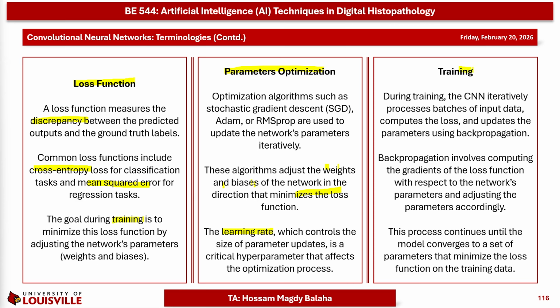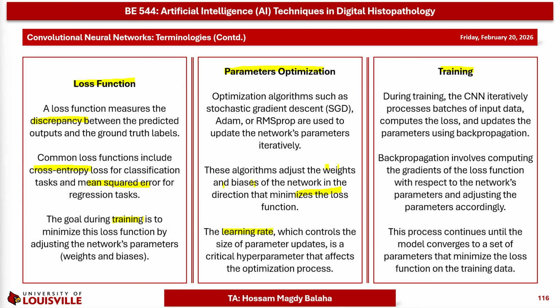So simply, during the training process, we iteratively process different batches of input data, and these batches of images or tiles in our case will be propagated in a forward direction, aiming to get the predictions at the output layer. The predictions at the output layer will be compared to the ground truth or the actual labels, and using a loss function we will compute a loss value based on the ground truth and predictions.